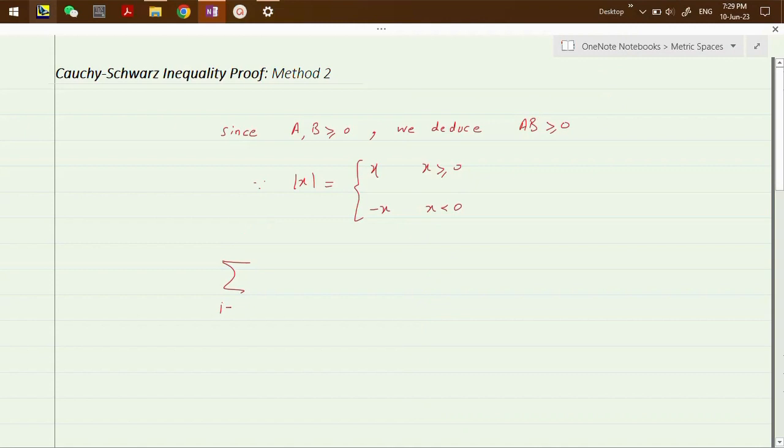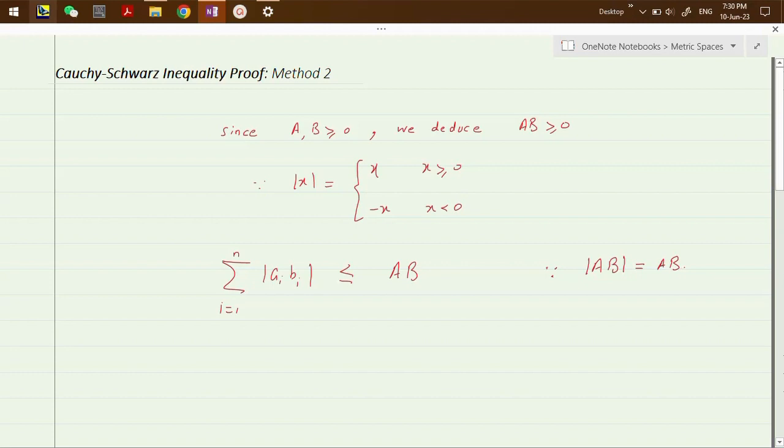summation i from 1 to n mod of ai bi is less than or equal to a into b, because mod of ab is equal to ab.